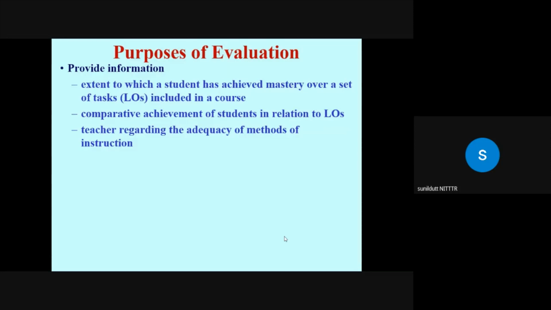So because the teacher looks at the faces of the students, and he found that the students are not enjoying the lecture, there is a need to now employ another method of teaching. So it means the evaluation provides information to the teacher regarding the adequacy of method of instruction as well as adequacy of the instructional media.